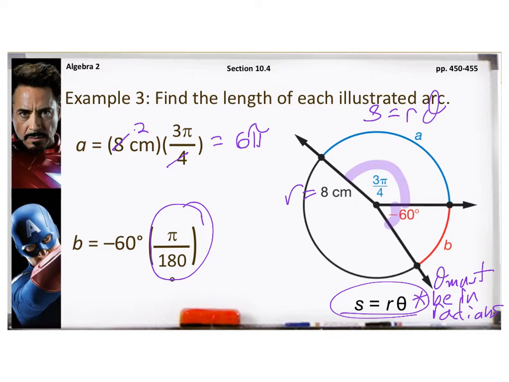So this is converted to radians, and then I have to multiply it by 8. All right, so 60 goes into 180 3 times. I end up with 8 pi over 3, and it was negative because I had a negative over here. So the length of B is negative 8 pi over 3.